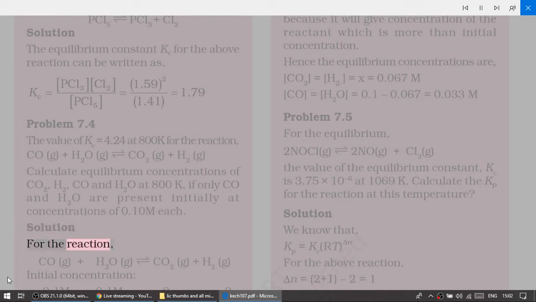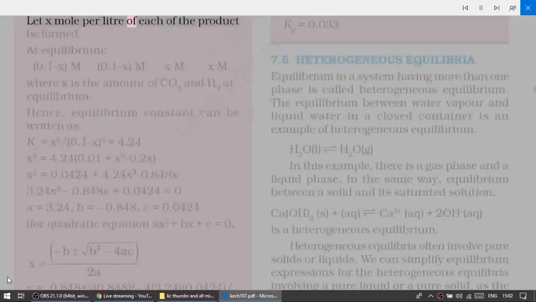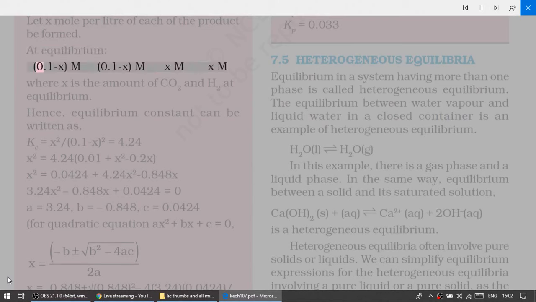Solution: For the reaction, initial concentration is 0.1 M, 0.1 M, 0, 0. Let x mole per liter of each of the products be formed. At equilibrium: 0.1 − x M, 0.1 − x M, x, x, where x is the amount of CO2 and H2 at equilibrium.